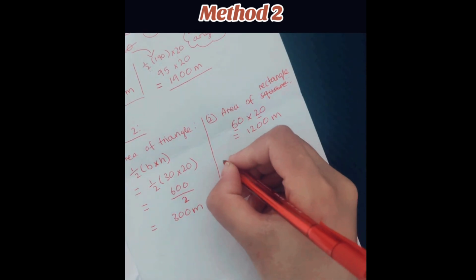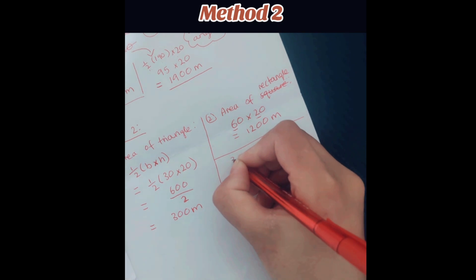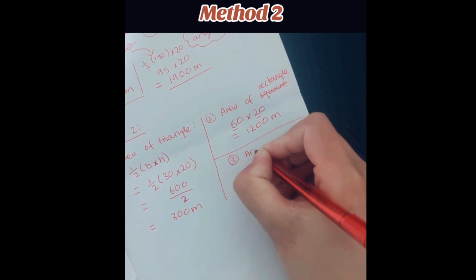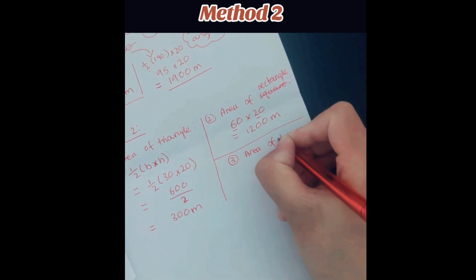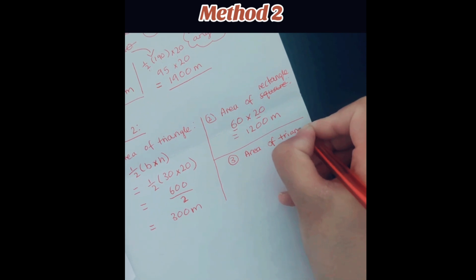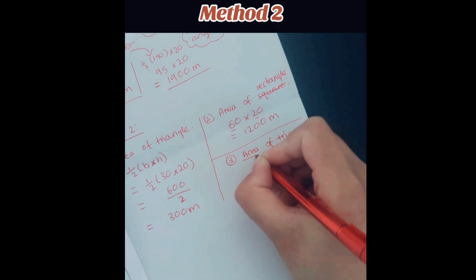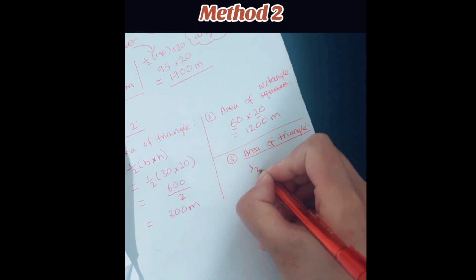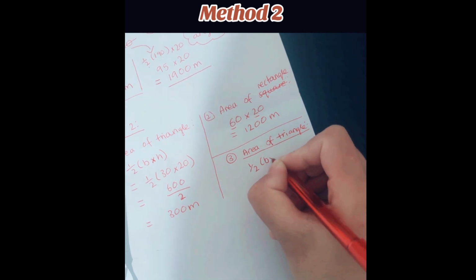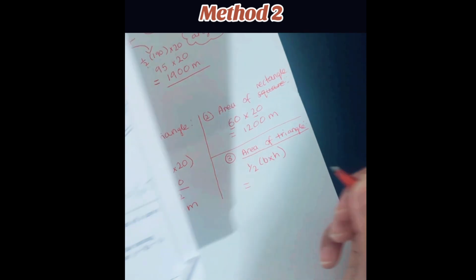And then finally, I should be having my shape number 3, which is area of triangle again. Okay, but a different triangle. So let's look at the formula. It is half base times by height.